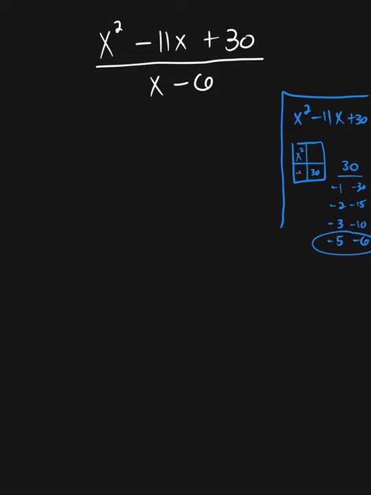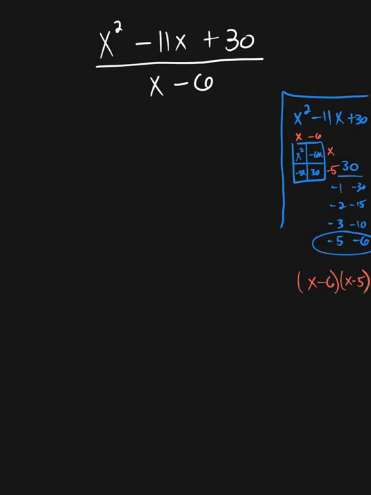Negative 5 and negative 6 multiply to positive 30, and they also add up to negative 11. So I've got my negative 5x and my negative 6x. I'm going to factor this. I've got an x and a negative 6, and then an x and a negative 5. So in factored form, this is going to be x minus 6 times x minus 5.